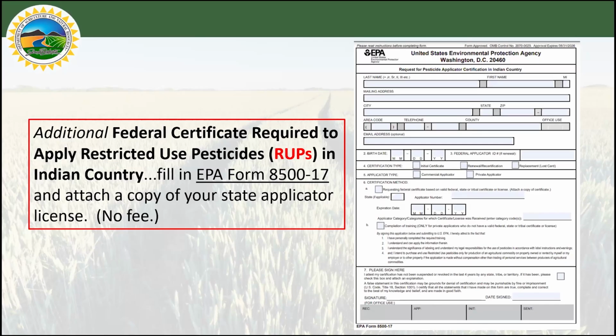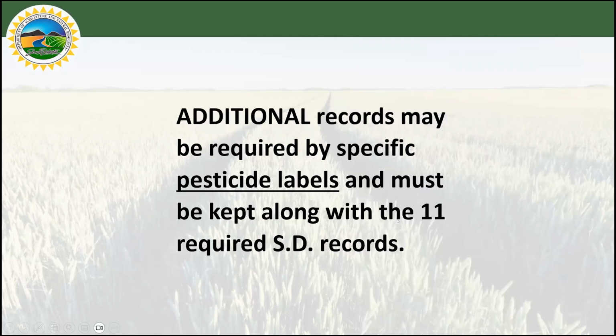You fill in that form, send in a copy of your state applicator license, and this goes into Denver. That's our regional office, and it'll have the address on the form, or you can email it in. You need to apply for this if you're applying restricted use pesticides in Indian country. And that will be valid for as long as your state license is valid.